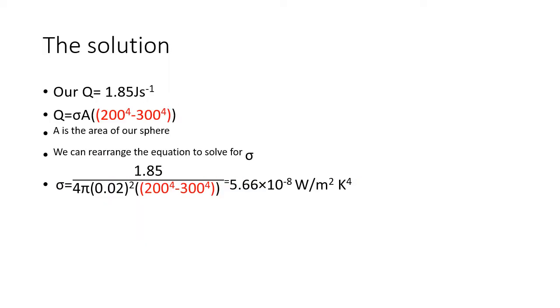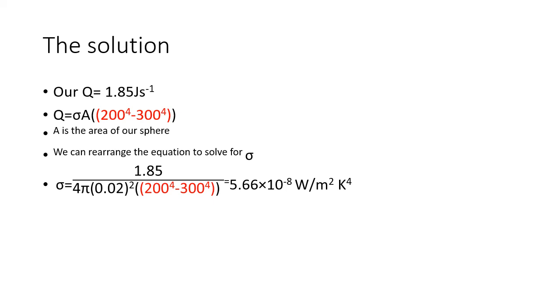For this last slide, we're going to just work towards the solution. So we have our rate of heat energy flow. It's 1.85 joules per second, which is the same as 1.85 watts. And we can equate that to the equation we used earlier and say A is the area of our sphere. The area of a sphere is the same as the area of a circle with the same radius, but you multiply that by 4.